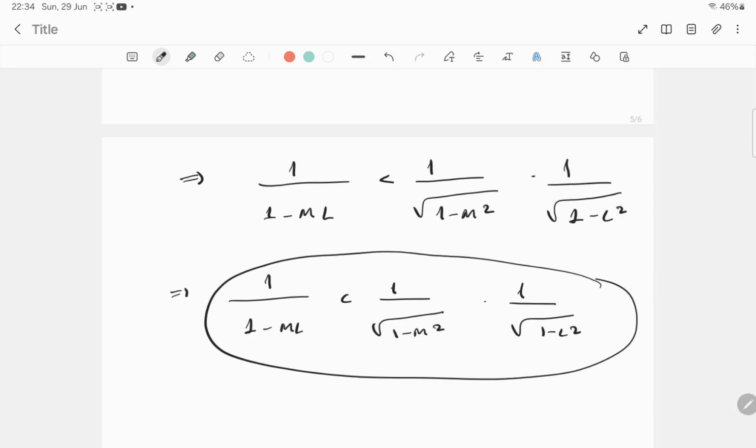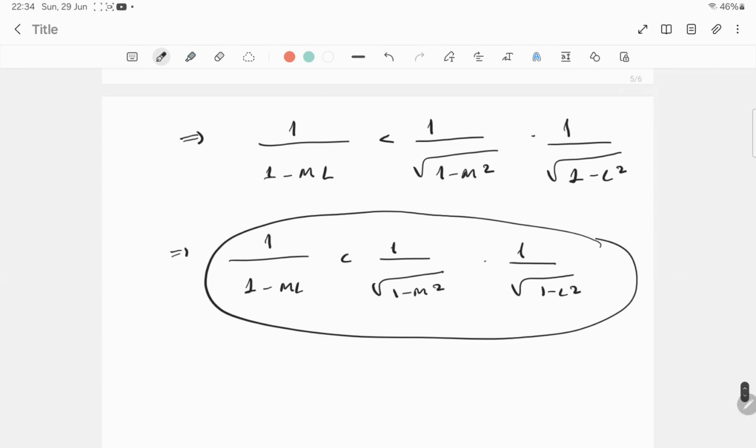That's my final inequality. Of course, the values of m and l are different from each other, and m is between 0 and 1 and l is between 0 and 1.